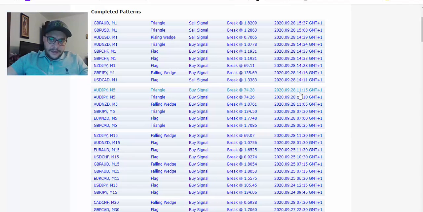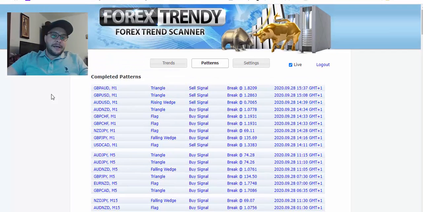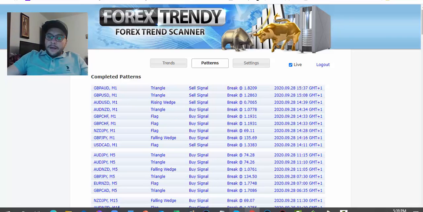And from 11:15 no signals, no signal until 2 o'clock. So it depends, but a good trend scanner doesn't have to provide you with signals every minute. If you receive, I don't know, 10 signals per day, and from these 10 signals 7 are in the money, then you will be in the money at the end of that day.